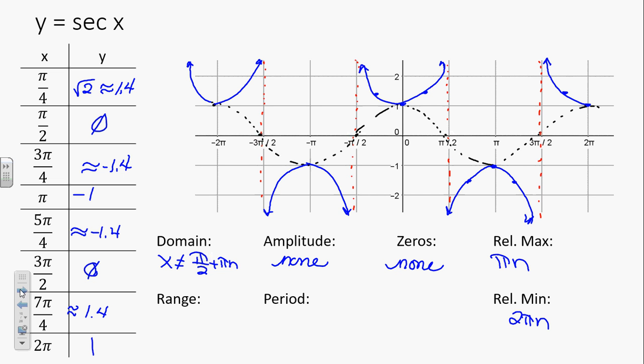Okay, what's our range? Negative infinity to negative 1, and then 1 to infinity. I don't like this one. We did something wrong here. It should actually be 2 pi plus 2 pi n, right?